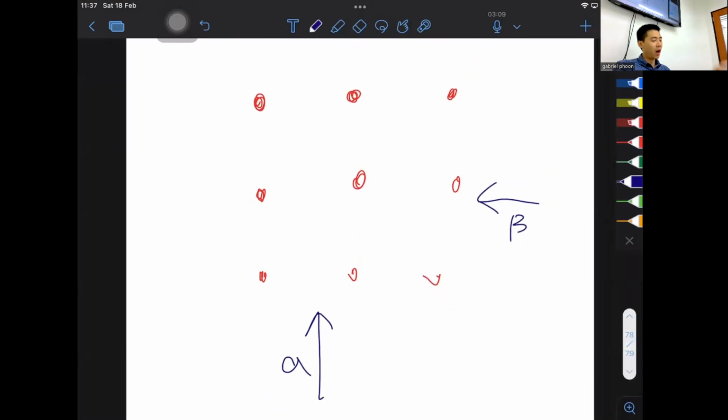Which direction will the alpha particle deviate? Which direction will the beta particle deviate? Start off with your magnetic field finger first.